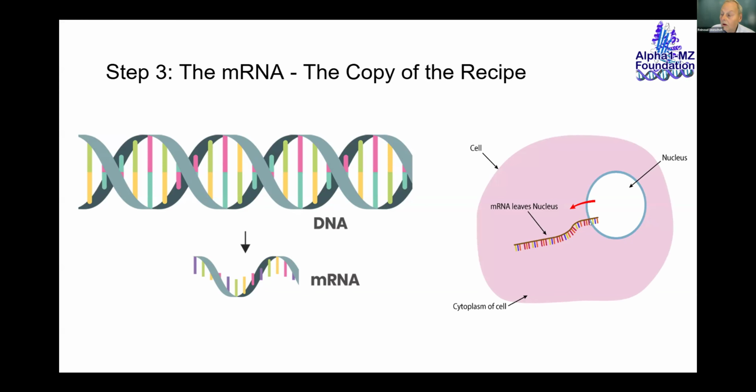Each codon codes for an amino acid, and that's the building block of the alpha-1 protein. The messenger RNA exits through the so-called nuclear pores from the nucleus into the cell fluid, called the cytoplasm. And there the proteins are made.